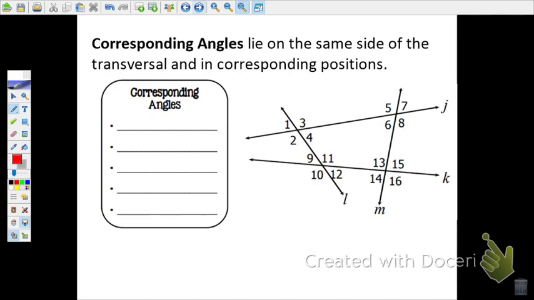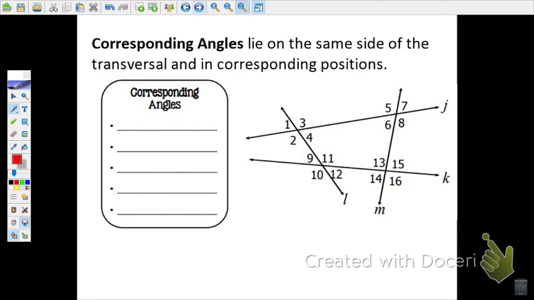So up here on the board, we see that same diagram that we were just looking at in your book. We want to identify some different angles. In this particular problem, there would be lots of possibilities depending on which one of those 4 lines we are looking at as the transversal.